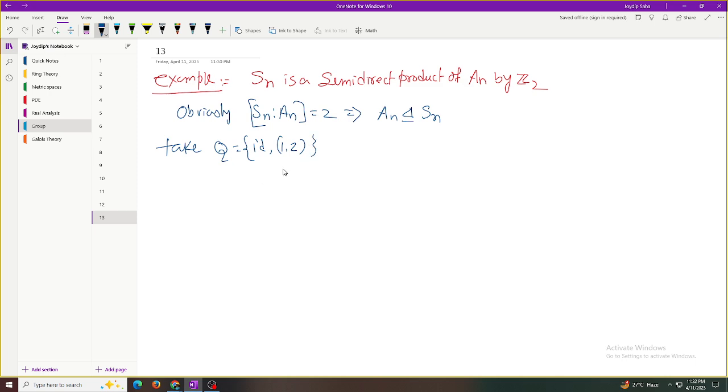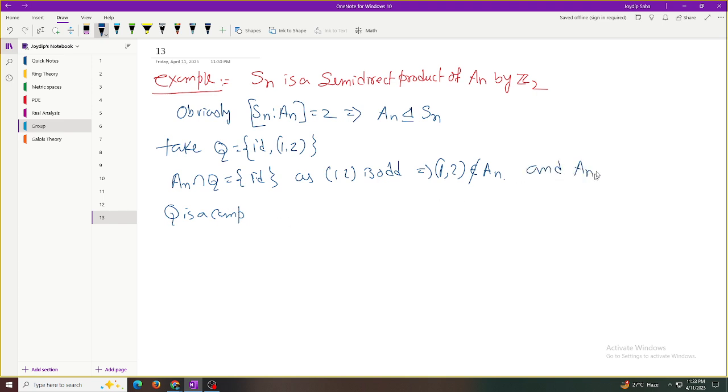So I claim that obviously An intersection Q is identity, because 1 2 is an odd cycle. This implies 1 2 does not belong to An. So Q is a complement, and An is normal, so AnQ is a subgroup.